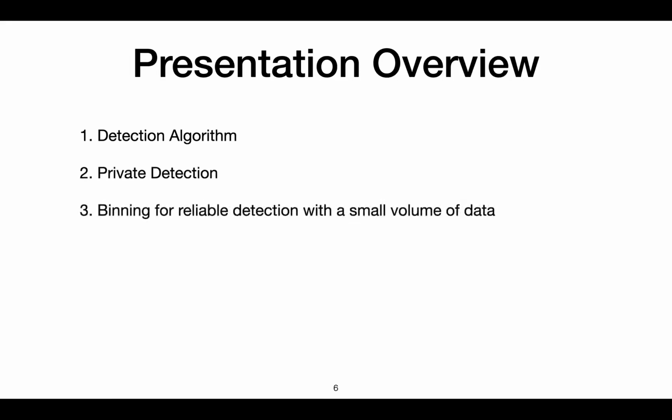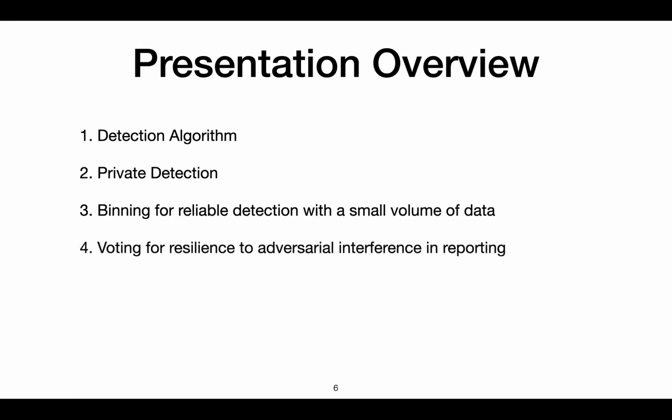Given the path bias attack detection problem and the general detection approach described, in the remainder of this presentation, I will first discuss our basic algorithm and provide a result demonstrating that a small data size suffices for detection. I will then discuss how to perform this detection in a privacy-preserving manner and outline how a binning mechanism can be used to provide reliable detection, even with relatively small data volumes.